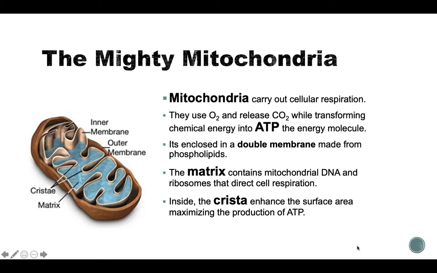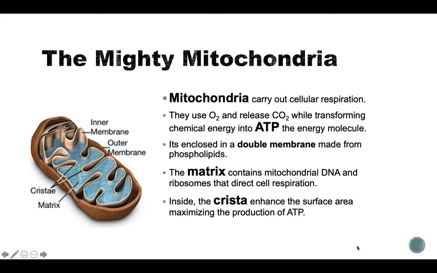And looking at the inside of a mitochondria, we have two parts that are considerable. One of them is the matrix, and the other one is the crista. The matrix will contain mitochondrial DNA and ribosomes that direct the cell respiration. So if that strikes you as a little weird, yes, the mitochondria possesses DNA as well.